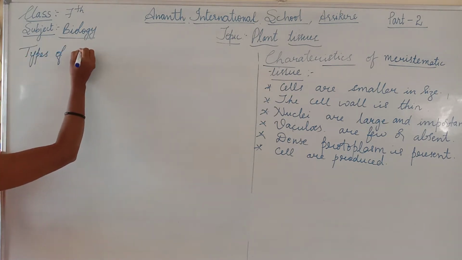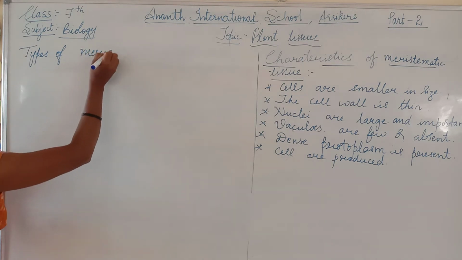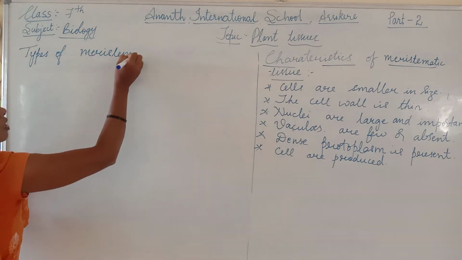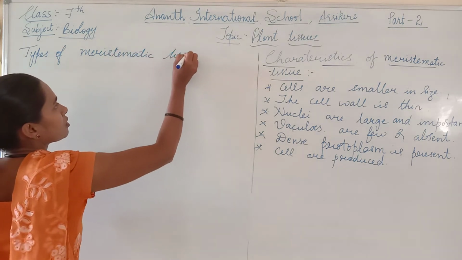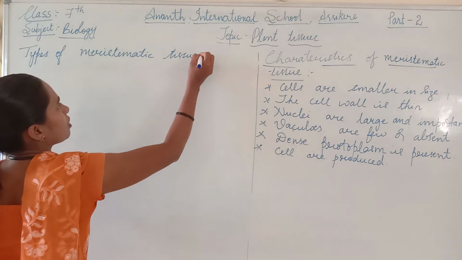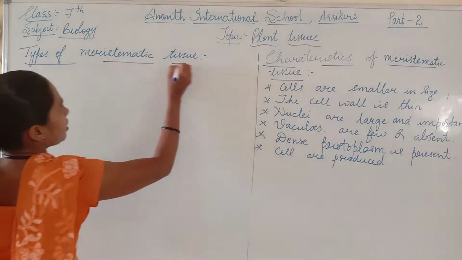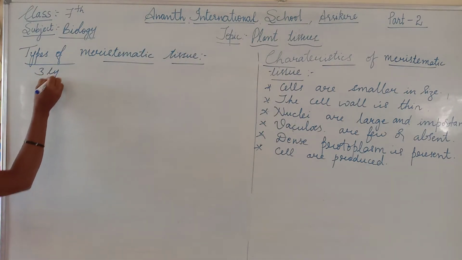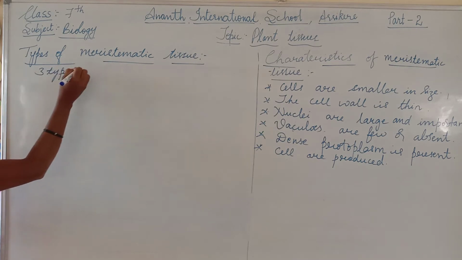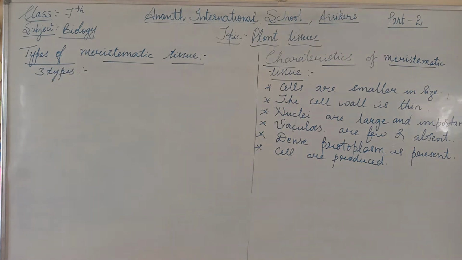Types of meristematic tissue. Mainly there are three types of meristematic tissue.